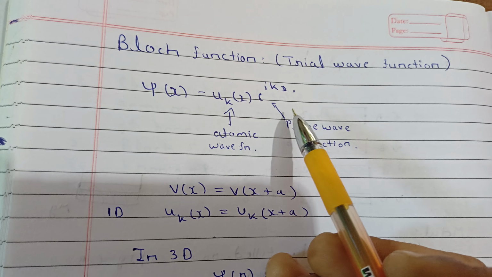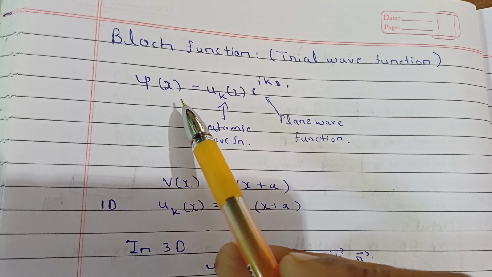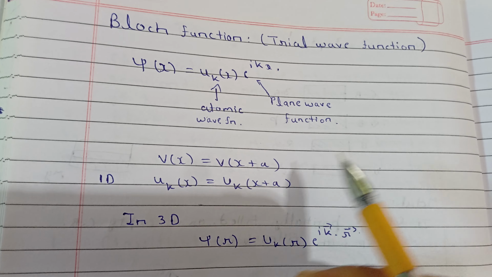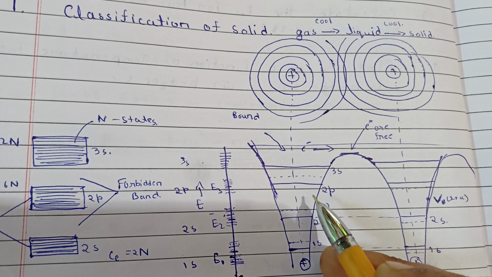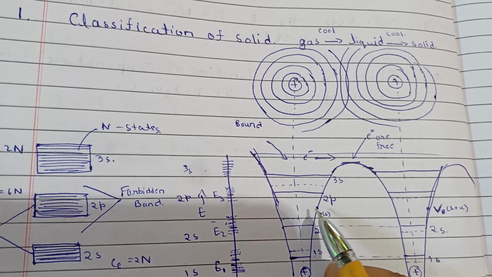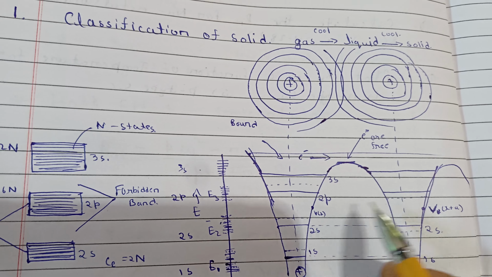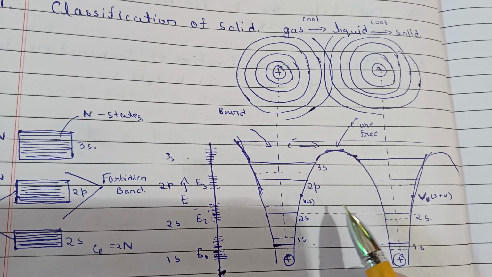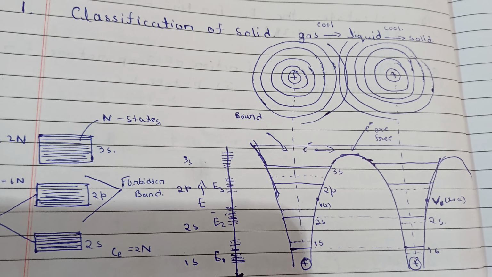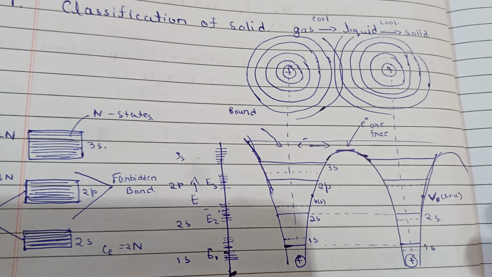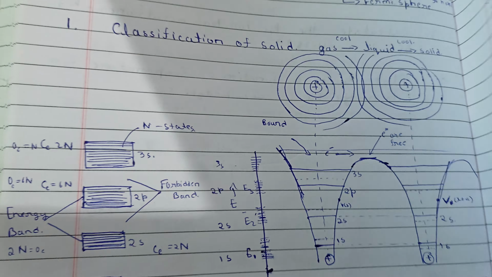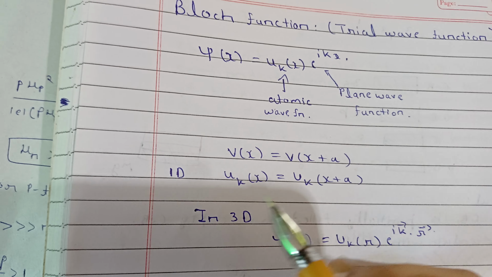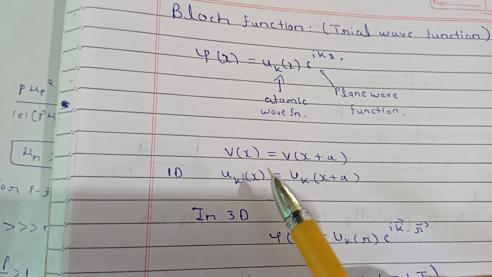The product of these two functions is called the Bloch function. And you can see that if at any point the potential is V(x), and the distance between two atoms is a, then at the same point after distance a, the potential will remain the same. So this is the property you should remember for the potential and the Bloch function.